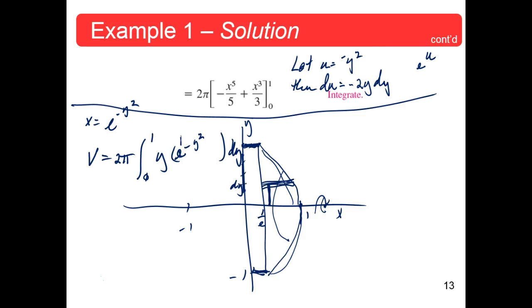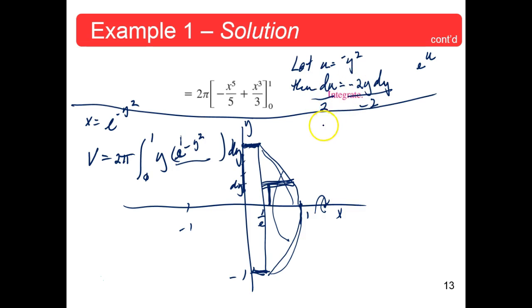So to make this look like y dy, see, here's the e to the y, e to the u. To make this, let's divide both sides by a negative 2. Okay?